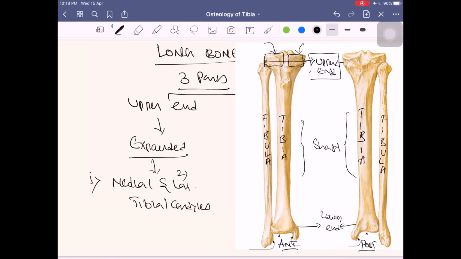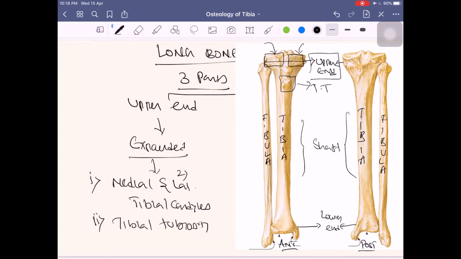Put together your condyle. Along with this, the upper end is also bearing, here you can see this entire portion, what we call tibial tuberosity. So you also have tibial tuberosity in the upper end. So these are the parts. So upper end is expanded. It bears a large medial and lateral condyle along with the tibial tuberosity.